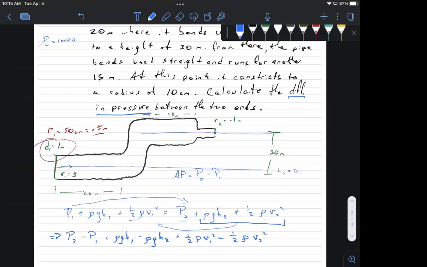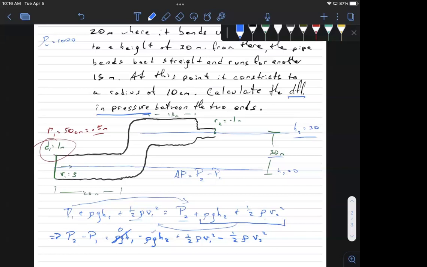And the high part, I'll call H2 is 30 meters above it, which is 30. So H1 is going to be 0 and H2 will be 30. Well, that means, of course, rho GH1 being 0, I could just cancel him out. He's just 0. I don't need anything for him. H2, though, I now know is 30. So I know this term.